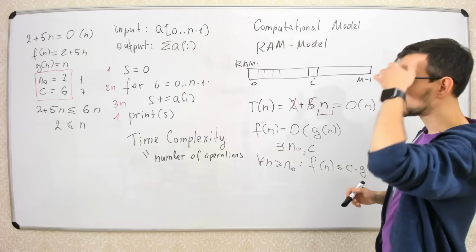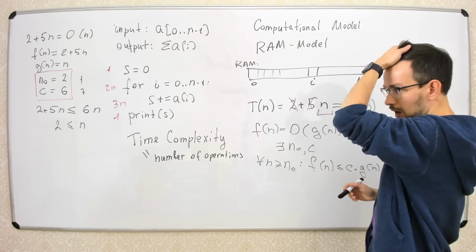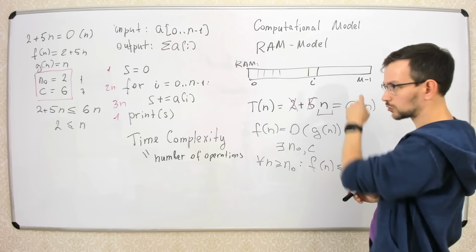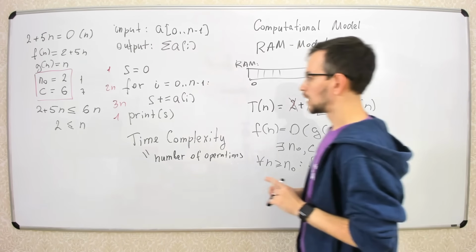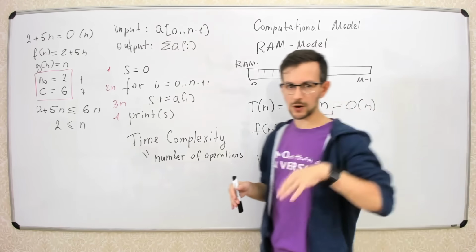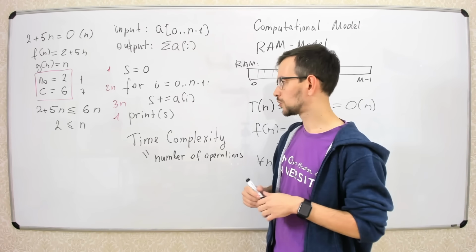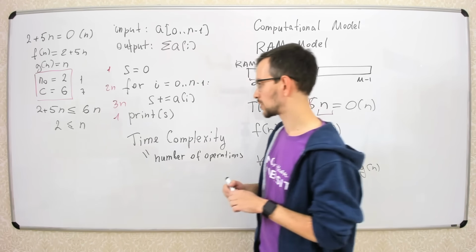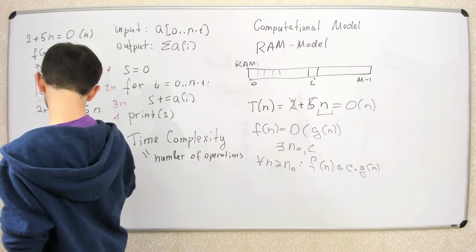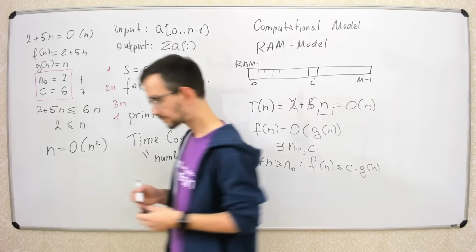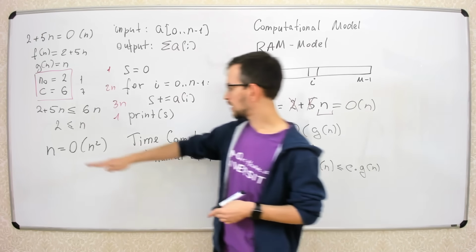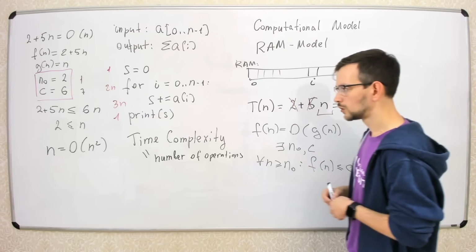Now let's move to something different. This big O notation is actually the upper bound of the complexity. It's not the real value of complexity, but an upper bound. For example, let's prove that n is big O of n squared. It's easy.